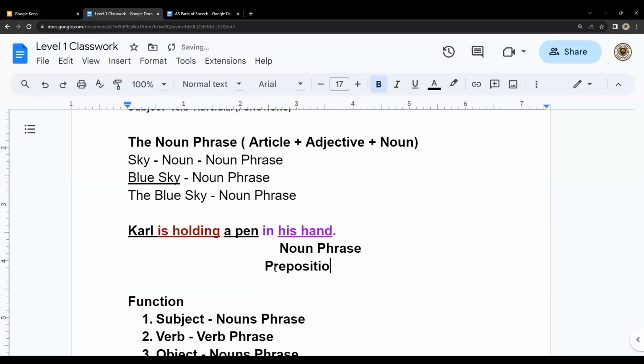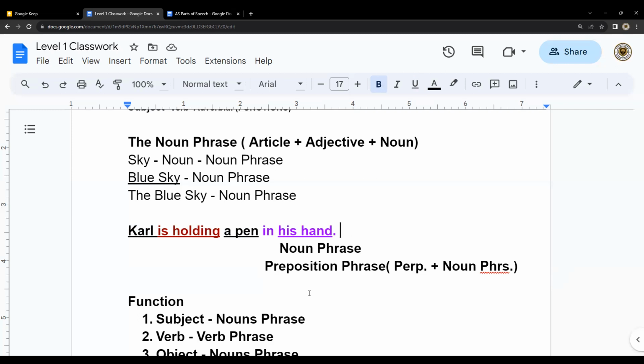Preposition. And the preposition phrase es de lo más sencillo, porque es una preposition más noun phrase. Right? Okay, so here we have our phrases ready.